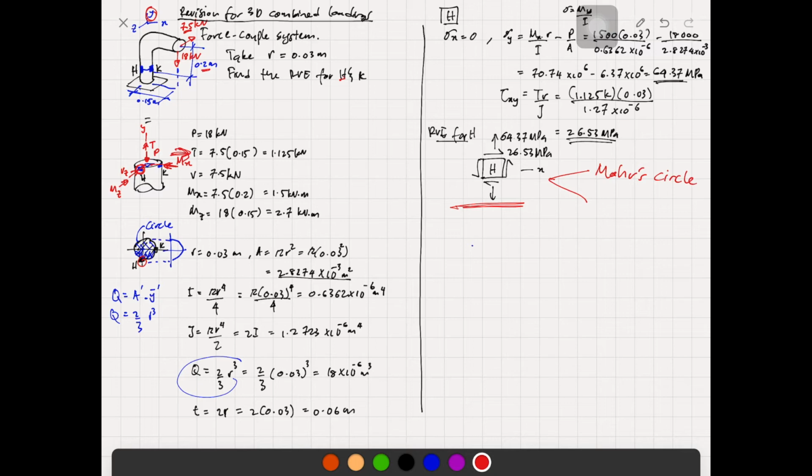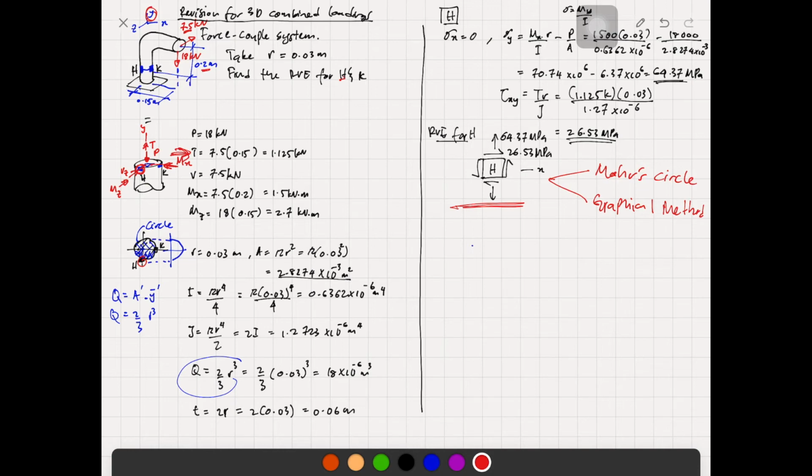This is the analytical method, and this is the graphical method, where you use the graph paper, compass and protractor in order to solve for the same thing.